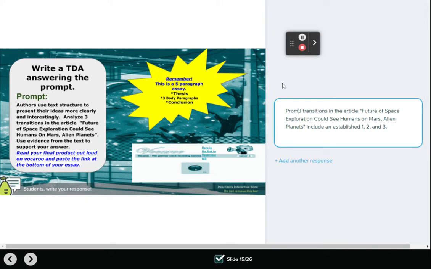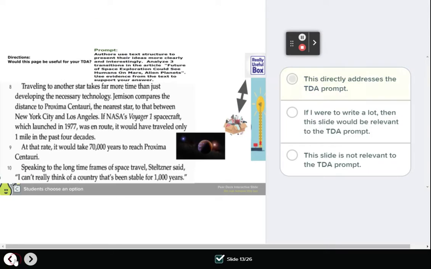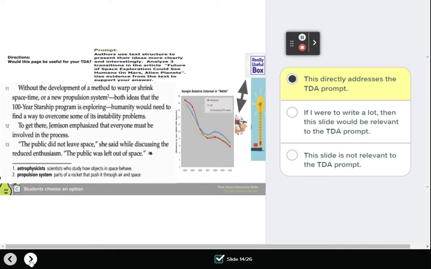What are we going to write about first? All right, well, let's find one of the transitions. Let's go back. I like this quote here towards the end. To get there, Jemison emphasized that everyone must be involved in the process. I like that.